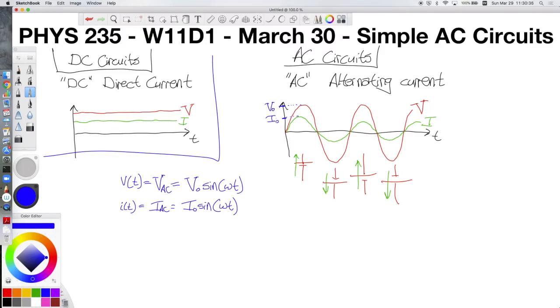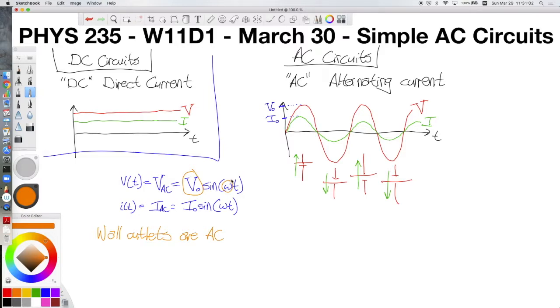So the most common example of AC circuits we have is the AC circuits we have here in America, our wall outlets. And with any AC circuit, we need to know both the maximum voltage V naught and the frequency with which the voltage switches back and forth.